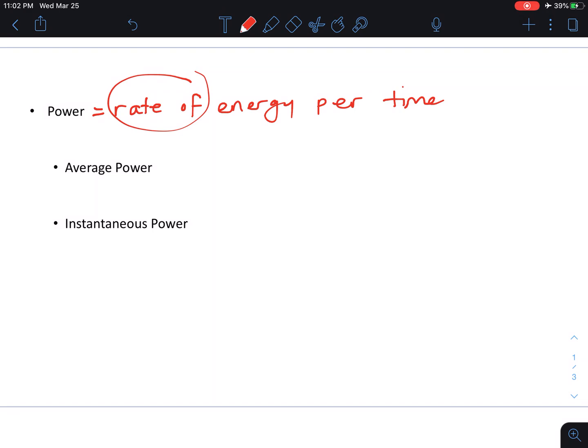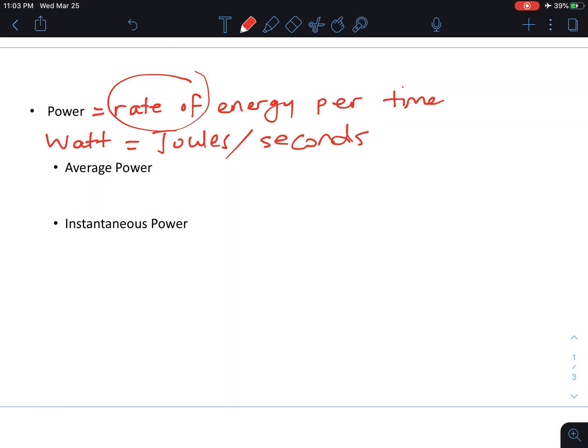Since it is energy per time or work per time, the unit of power is the watt. So 1 watt is 1 joule, the energy term, per second. Okay, that's the unit. Another commonly used unit for power is horsepower, so you can also convert horsepower to watts or vice versa.